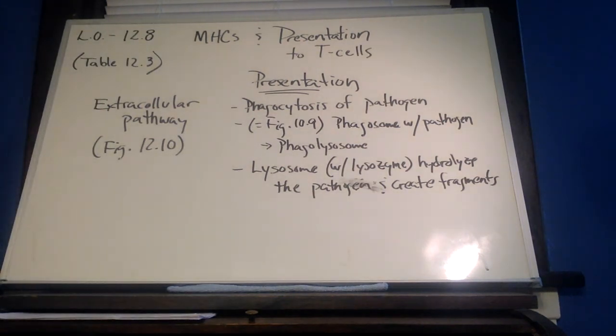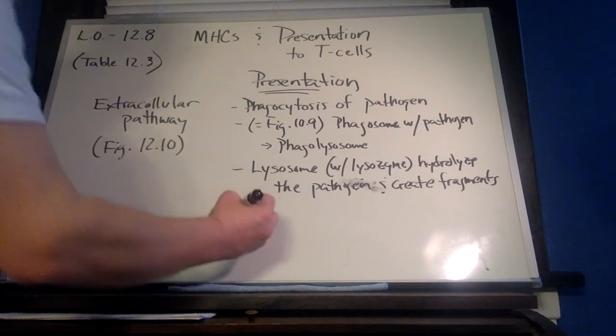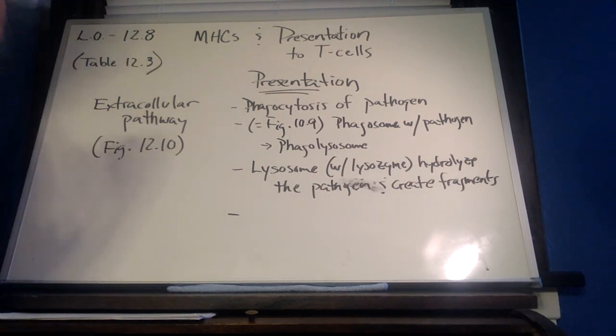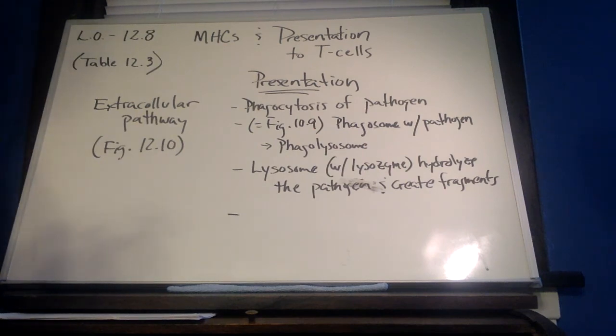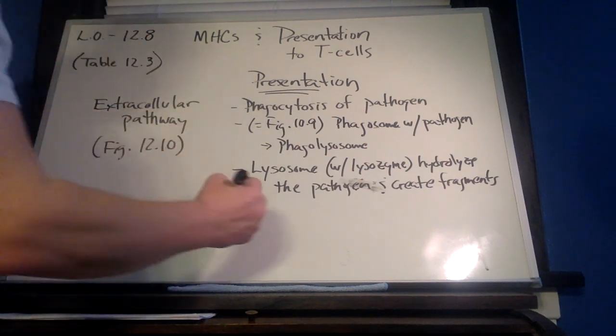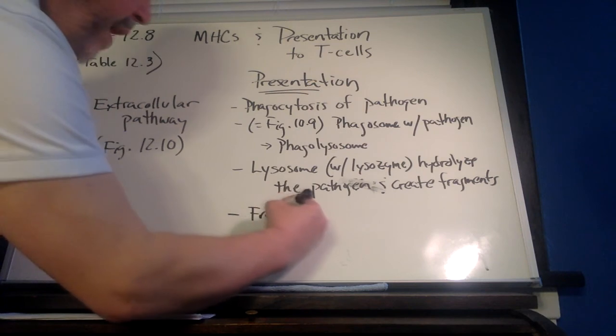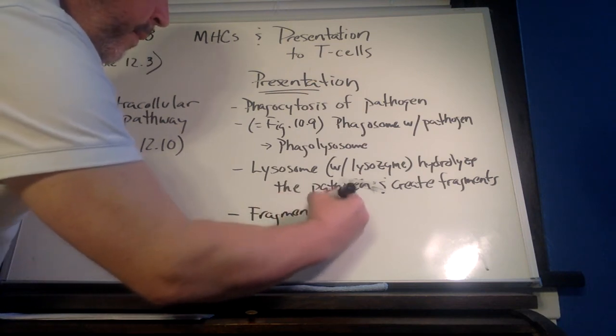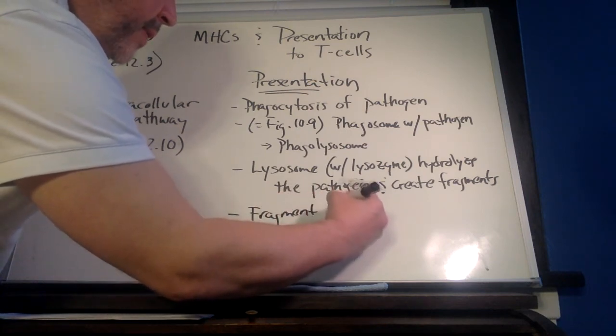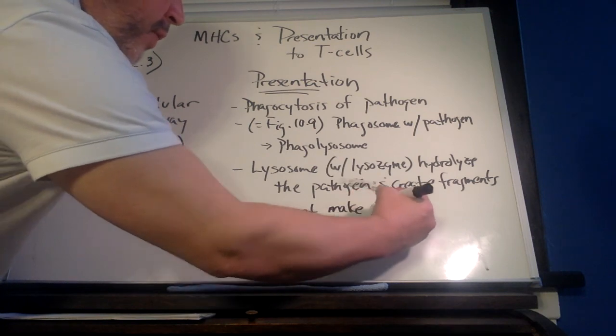However, this time we're not going to migrate over to the ER. And instead of forming a complex with a MHC1 in the extracellular pathway, the fragment makes a complex with MHC2.